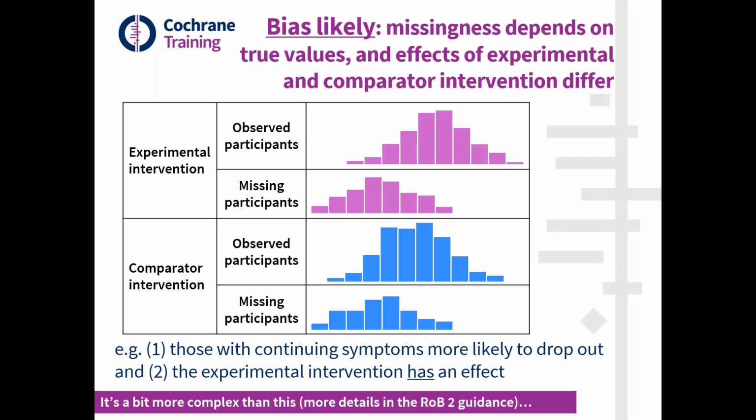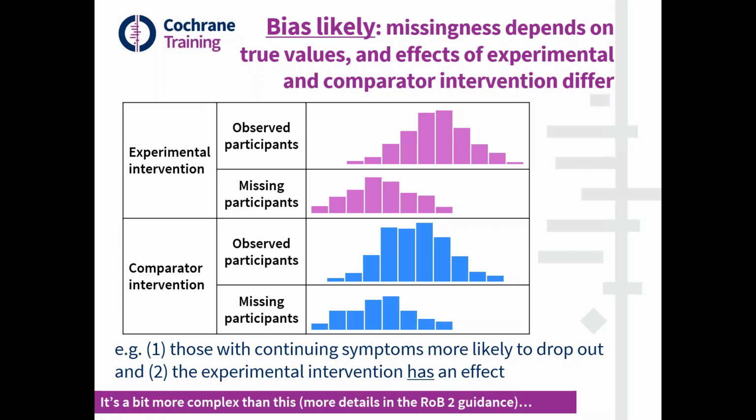The point is, if missingness depends on the true values, then the relationship between observed and missing in the experimental intervention will differ from the relationship between observed and missing in the comparator intervention. And it's not very clear from the graph. We can maybe improve that a bit. But that's the reason that if there is an effective intervention, and missingness depends on true values, then we will get bias.